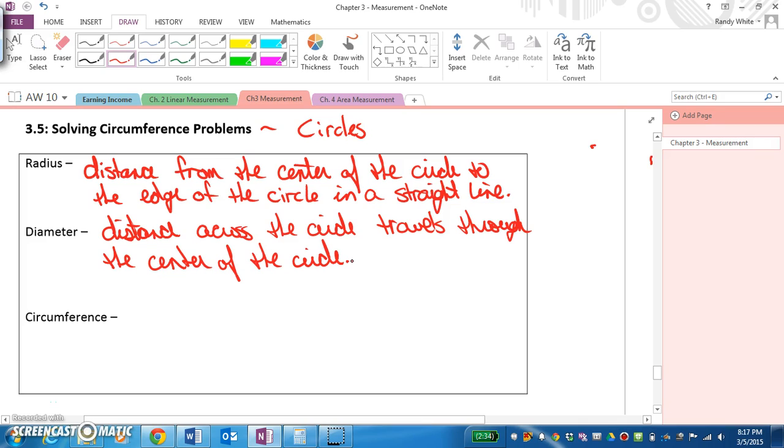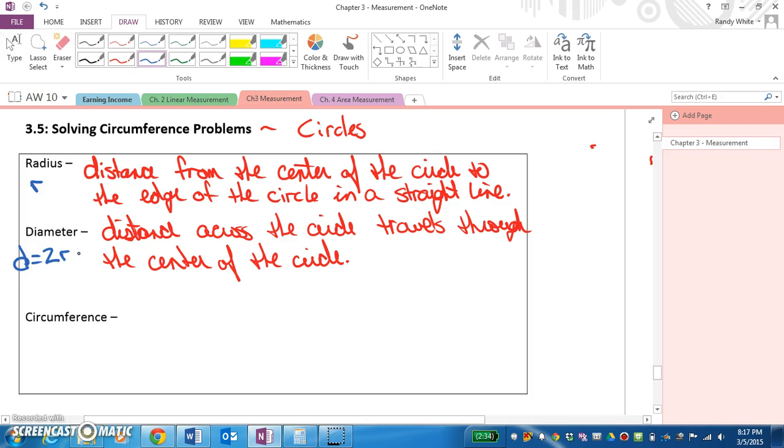So, radius is typically referred to as r. Diameter is typically referred to as d, which is also 2 times the radius. So the diameter, in essence, is 2 radiuses put together.